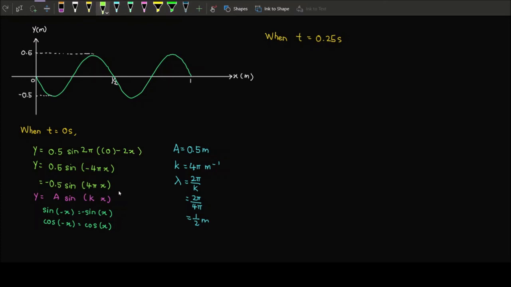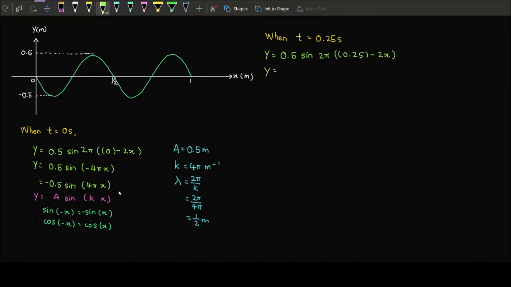We substitute this value into the equation. y equals 0.5 sine 2 pi, then you substitute in the t, 0.25. Then you leave the kx as it is. Don't touch the x. You leave it as it is.